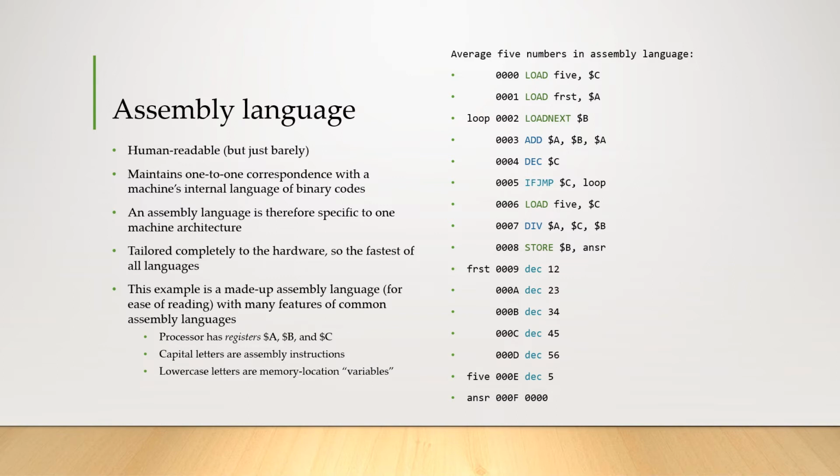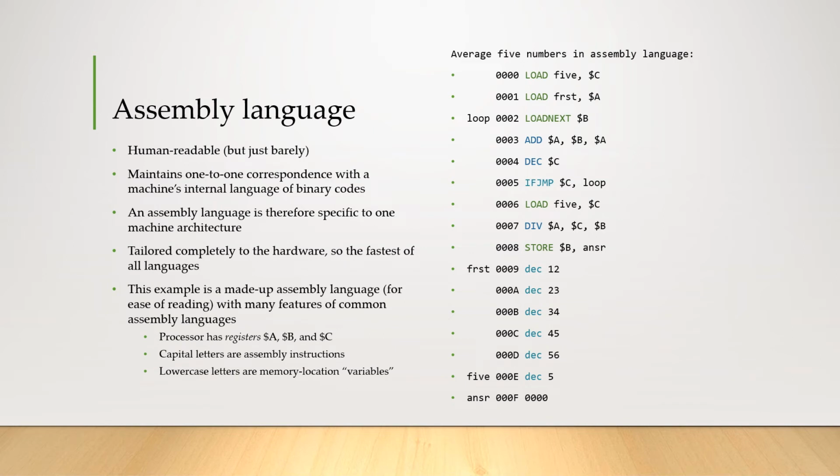We're going to do an if jump, that if the value in C is greater than 0, we're going to jump back to the marker that I call loop. So we're going to load the next number, add, decrement, jump again.